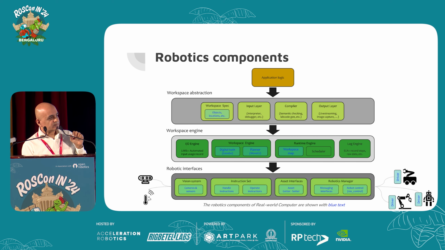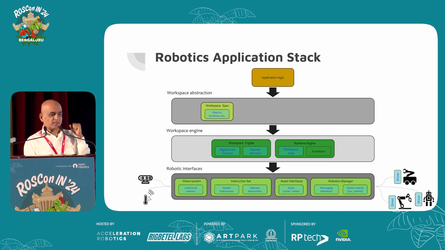So this is what we call the open science stack. All these layers. Now, if you take only the blue highlighted things, these are the robotics elements of it. What we want to do is take out the robotics elements, and that is what we call the robotic application stack.